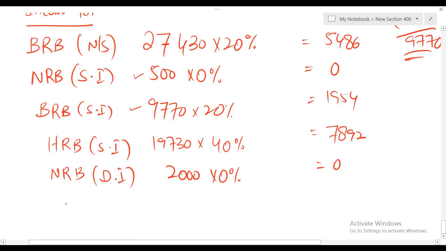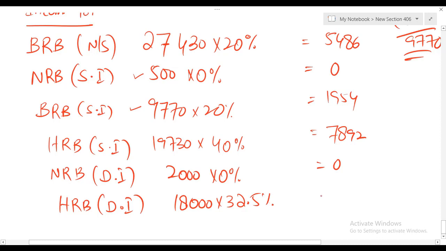Remaining 18,000 obviously falls in high rate band because basic rate band we have already consumed. So from 20 we'll deduct this 2 of nil rate band of the dividend income. Remaining amount is 18,000, which falls in high rate band. I have to take 32.5% of this 18,000, which is 5,850.